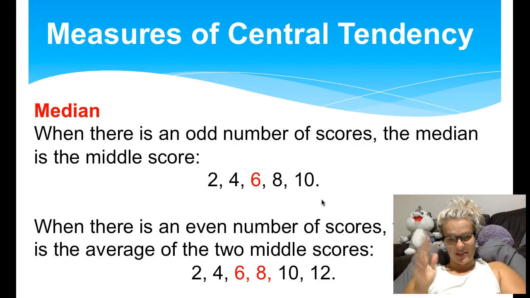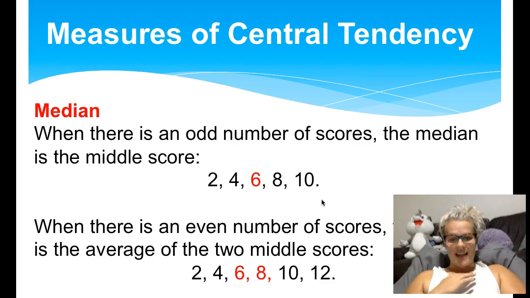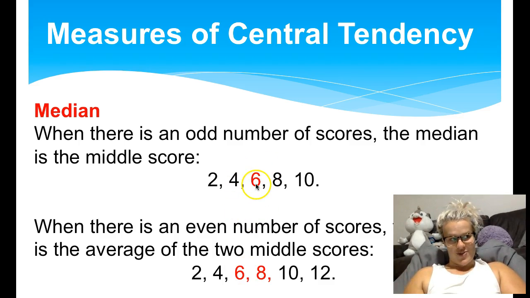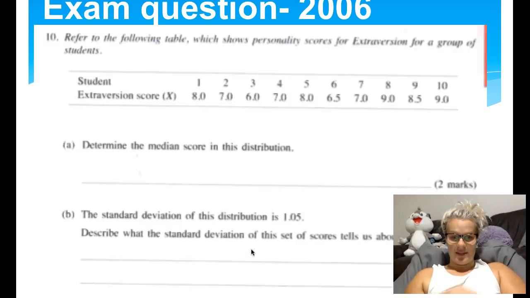When there's 7, you'd use the fourth number. But when there is 6 or when there is 8, you would use 2 numbers in the middle and you divide them by 2. So add 6 and 8, which is 14, and you divide that by 2, so your median is 7. Okay, so when there's an odd number, you have to choose the middle number. When there is an even number, you add the middle numbers and divide them by 2.